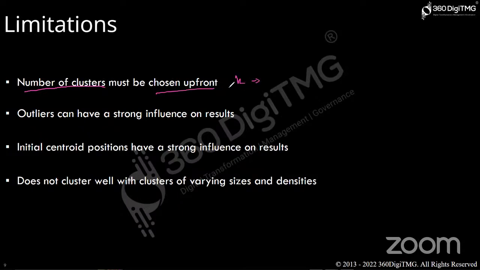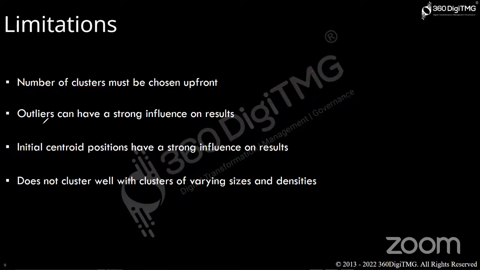If this k value is chosen wrong, clusters will not be formed correctly. If clusters are not formed correctly, the clusters will have no meaning. We cannot derive any meaning from these clusters.